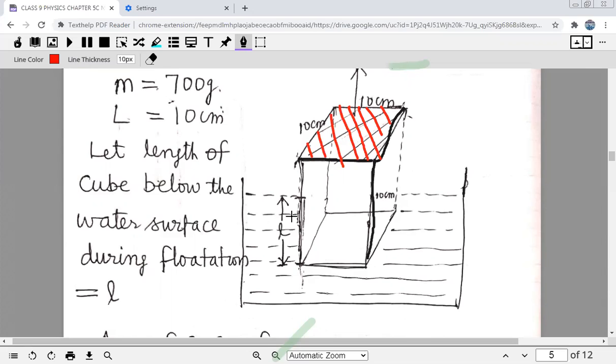What is the volume of the immersed portion? So we have assumed that the length of the immersed portion is L. So what will be the volume of the immersed portion? Who can tell?